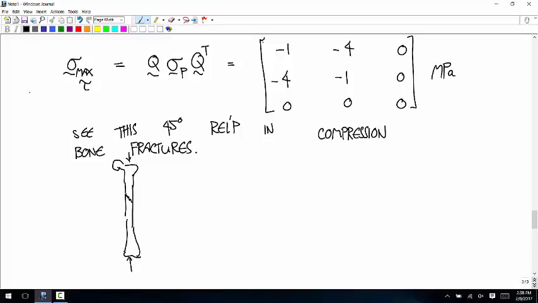The reason that happens is because it's the shear stresses that cause this fracture. I don't really have a description like that of it, but it's a well-known pattern. Always 45. And you always find it by rotating 45 degrees around the middle axis. In other words, you're rotating to right in between the maximum and minimum normal stresses.